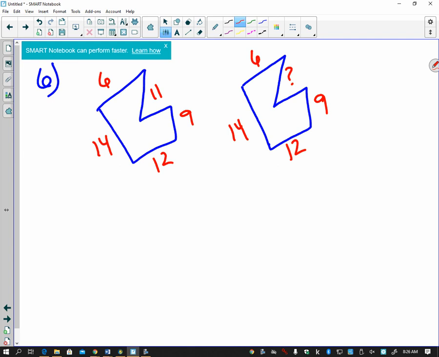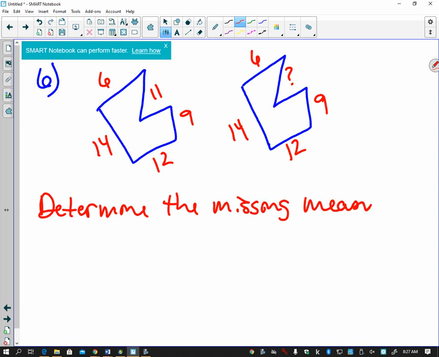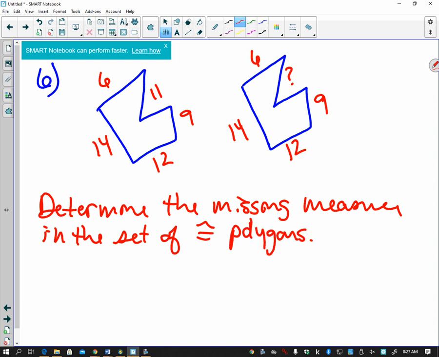We want to determine the missing measure in the set of congruent polygons. All right.